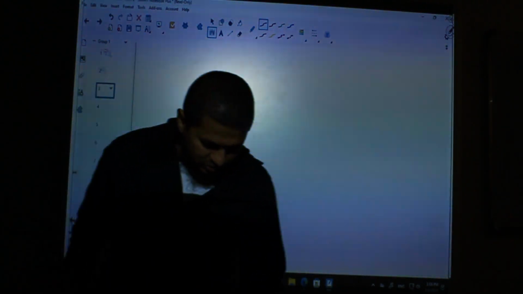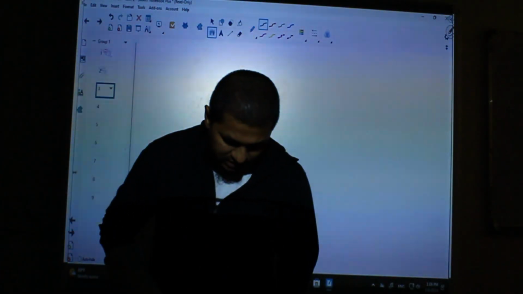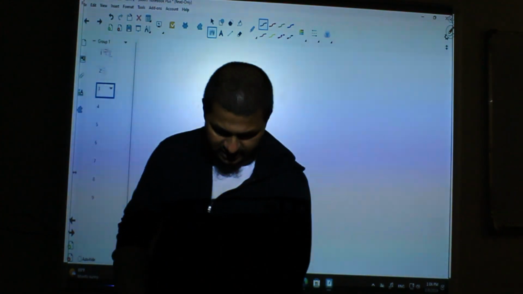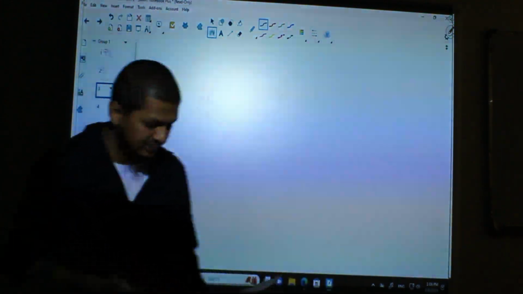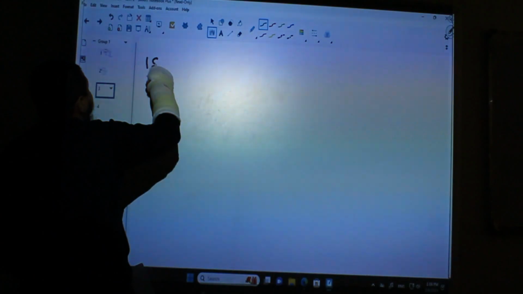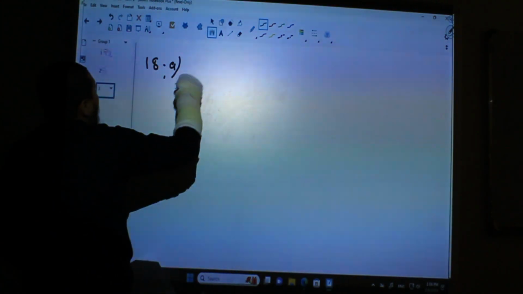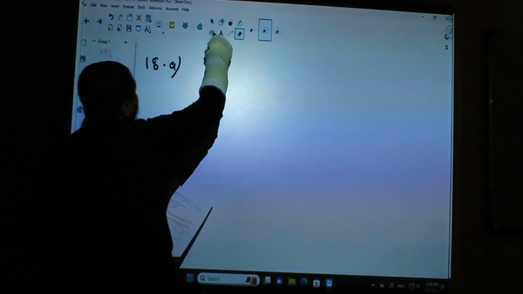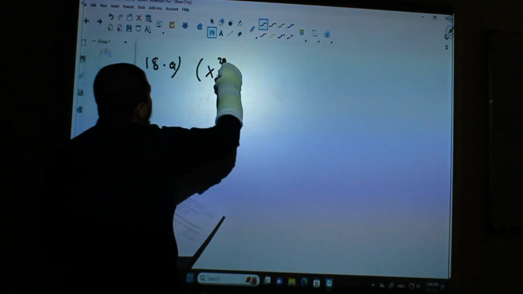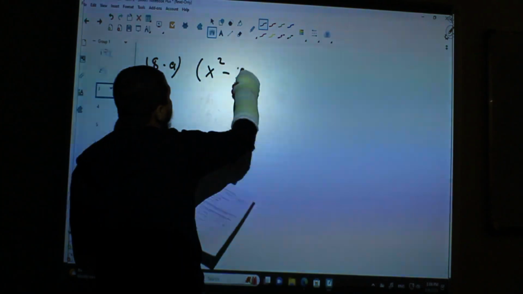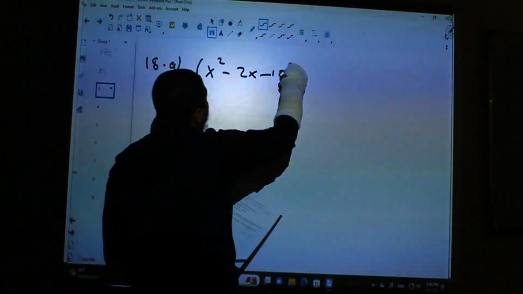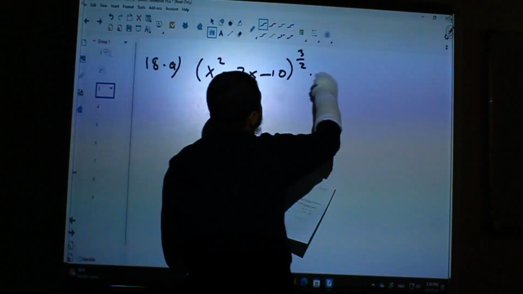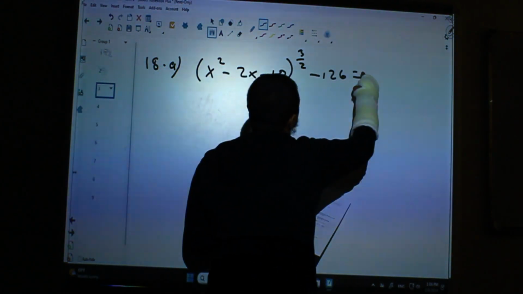Looking at the next question, solving each equation. So that equation is in the form of a rational exponent. Equations involving rational exponents. So number 18 here. We have x squared minus 2x minus 10, to the power 3 over 2, minus 126 is equal to negative 1.